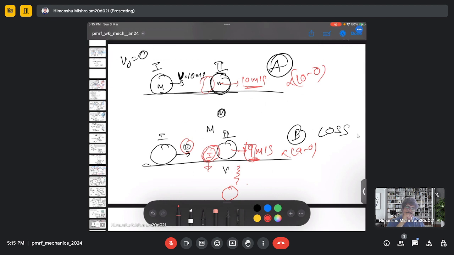I don't remember exactly the name of that coefficient of collision, but if it is 1 in both cases, then we say momentum is conserved, but in the second case kinetic energy is not conserved.